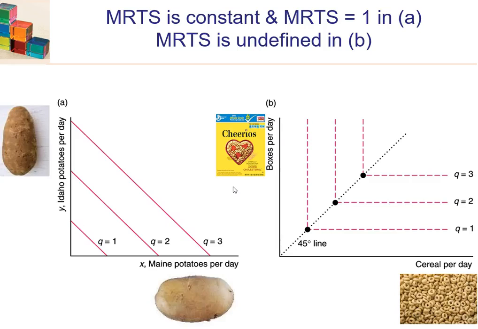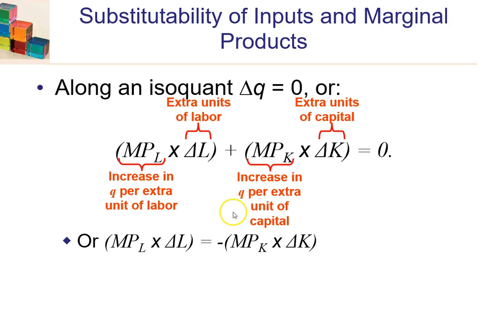That's what this equation says. MRTS is 6. That's because the marginal productivity of labor was 6 times the marginal productivity of capital, or you're willing to give up 6 pieces of capital and in turn get one more worker to keep you on the same isoquant. That's why the MRTS there is 6. And it is this ratio of marginal product of labor to marginal product of capital that gets you 6.